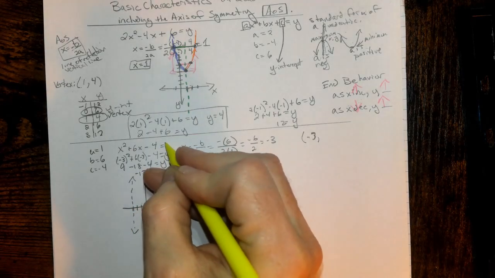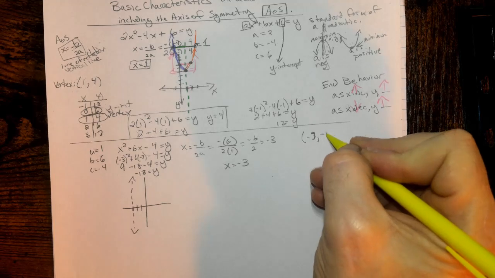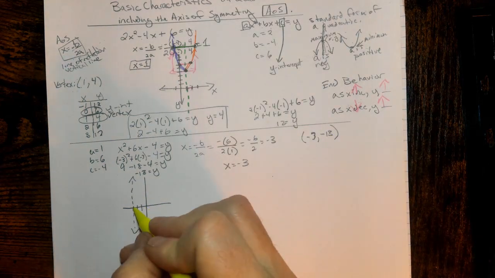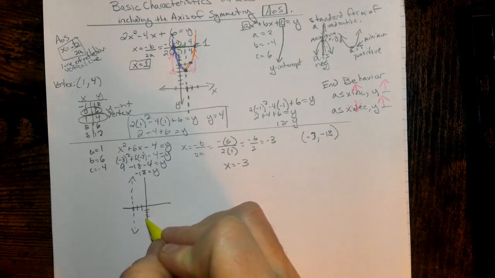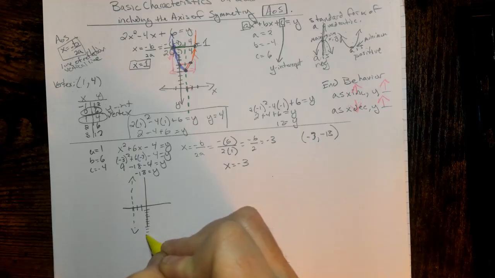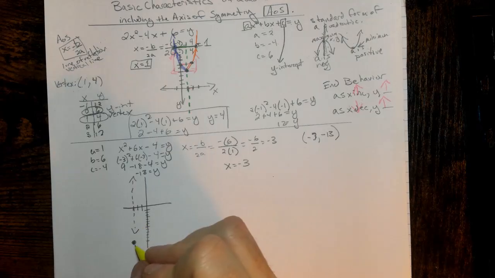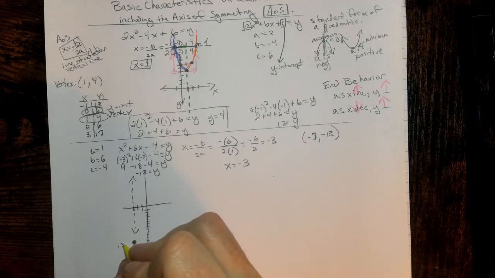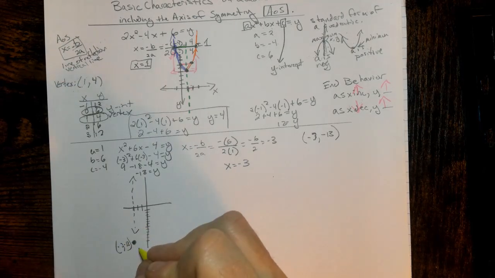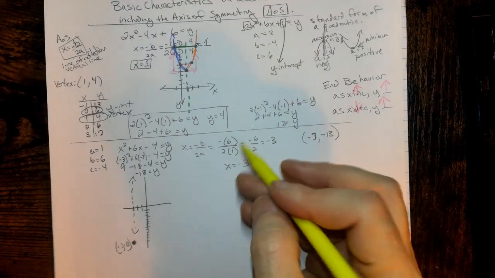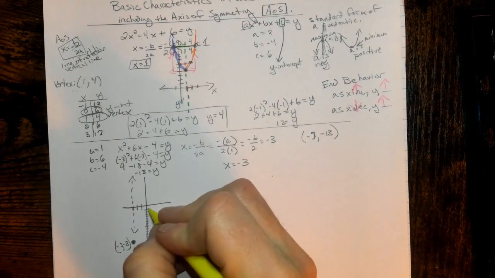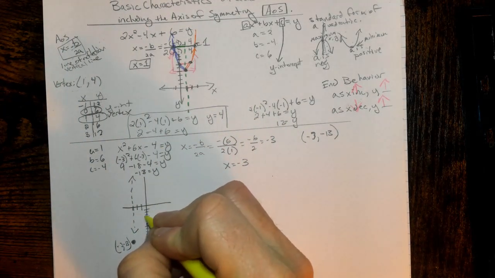And I'll keep the y there just so we see it. So at -3 and 1, 2, 3, 4, 5, 6, 7, 8, 9, 10, 11, 12, 13, right? So we would be way, way, way down here. This would be our -3, -13 location. And now we also know that the y-intercept is -4. 1, 2, 3, 4.